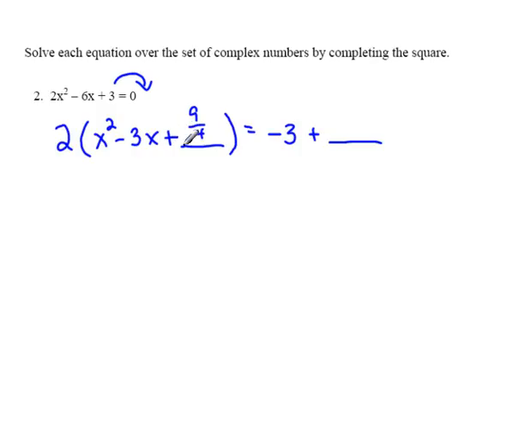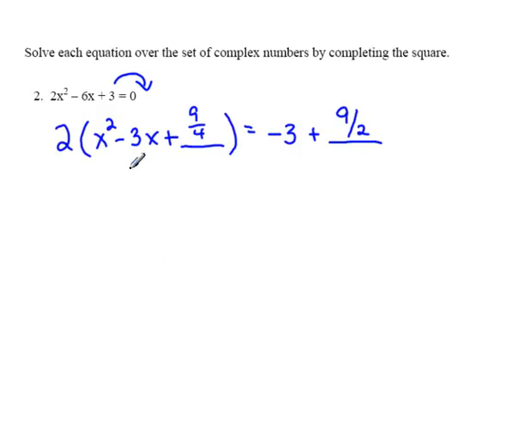So it's always going to be a positive number you're adding here. Alright, so what number did I really add to the left side? Well, it wasn't 9/4, it was 2 times 9/4, which is 9/2. So we would add 9/2 to this side.